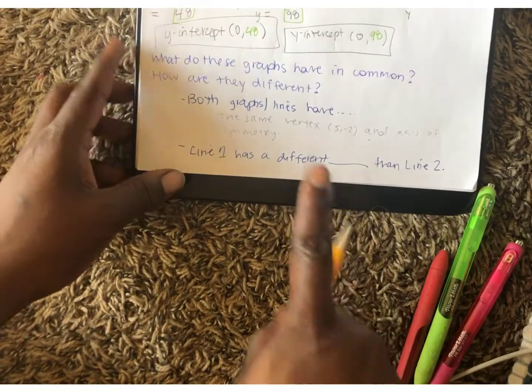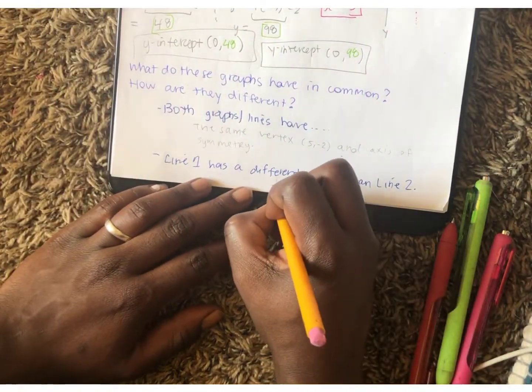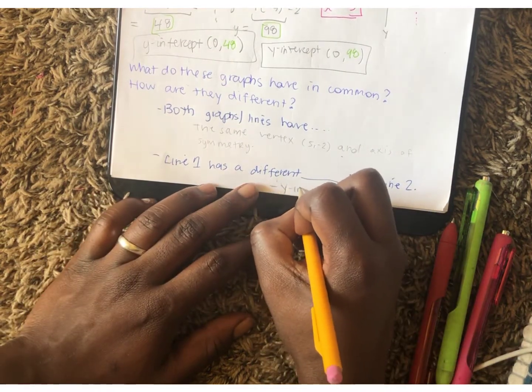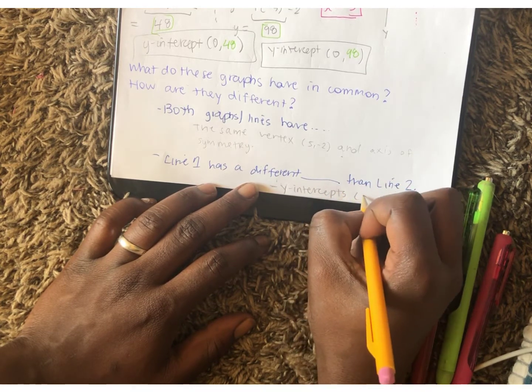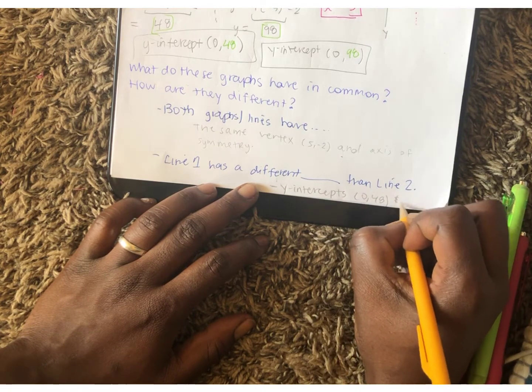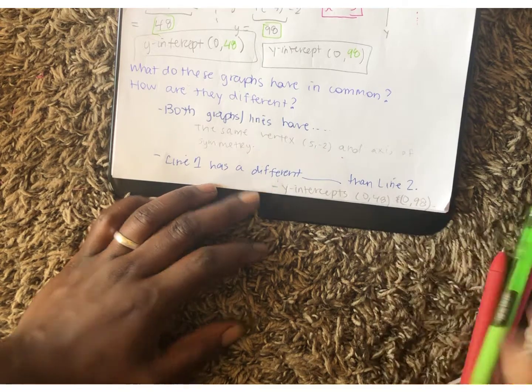And my blank here is that they have different y-intercepts. Uh-oh, y'all, need more pencil. And I'm going to put 0, 48 and 0, 98. All right. So those are two of their differences.